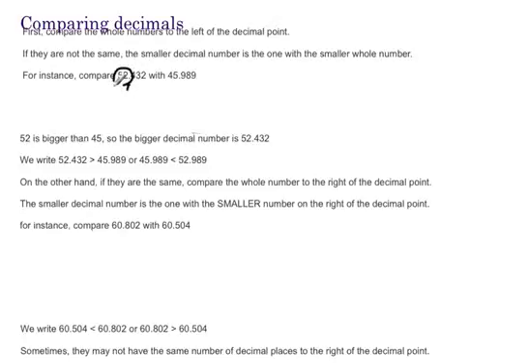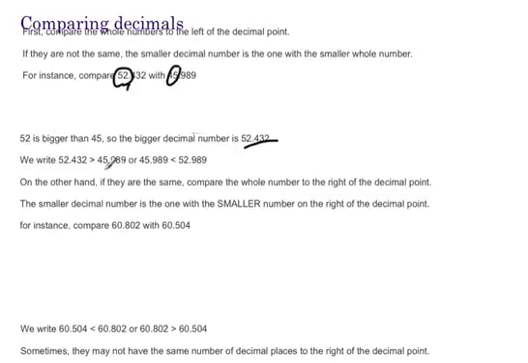So for instance, 52 and 45. You know that 52 is bigger than 45, so the biggest decimal number is 52 and 432 thousandths.